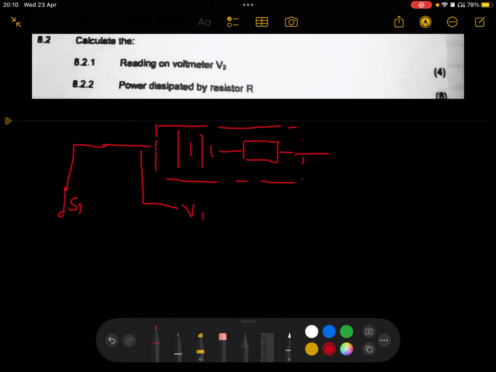This is V1. And there is this 3 ohm resistor.